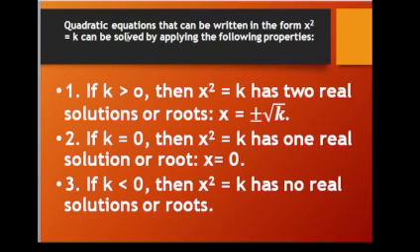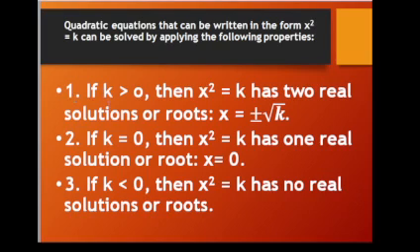Rules. Quadratic equations that can be written in the form x squared equals k can be solved by applying the following properties. There are 3 properties that we are going to take note of.